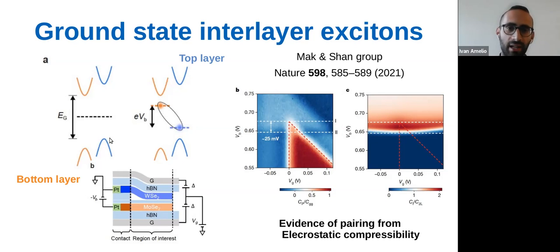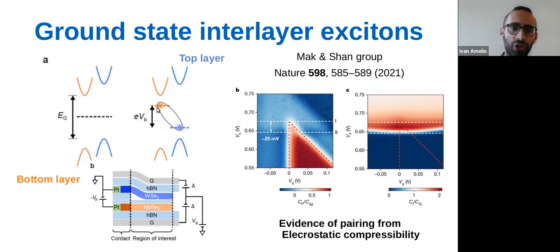So what happens? When we make the two bands closer, it will become convenient to reduce Coulomb repulsion by moving an electron from the blue layer to the orange layer, to the orange band, and this can be favorable if the hole is correlated with the electron.